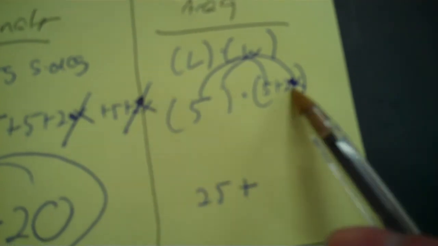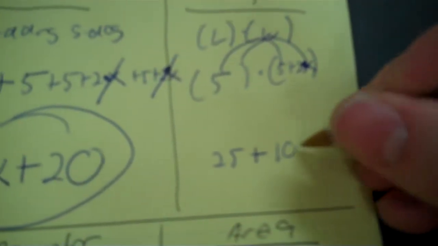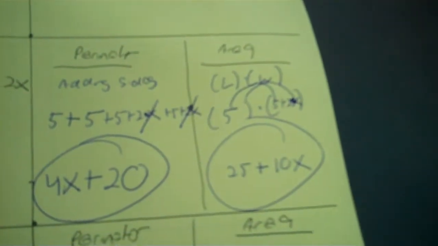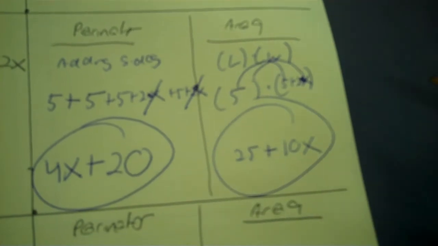See that plus sign right there? That plus sign kind of just drops down. So I take 5 times 5, 25, plus 5 times 2, which is 10 with x. Answers look the same, but how you get them is completely different. Okay. Next problem, you see a minus, that's not good. Make it plus negative, then we don't have to worry about it over here. 5x plus negative 9.